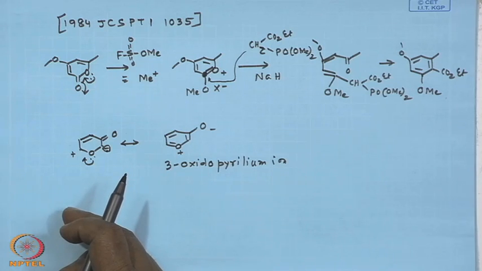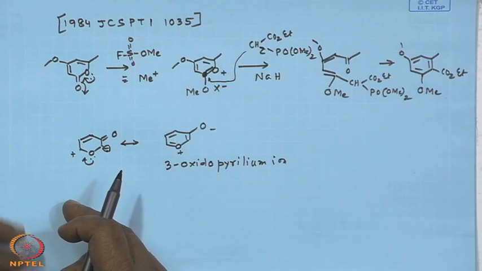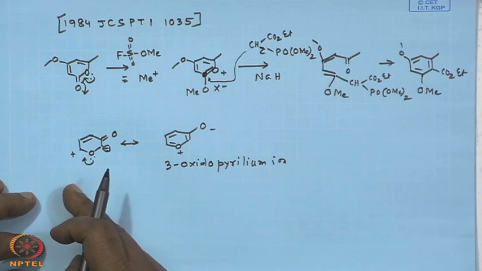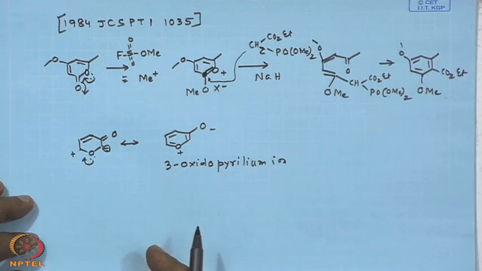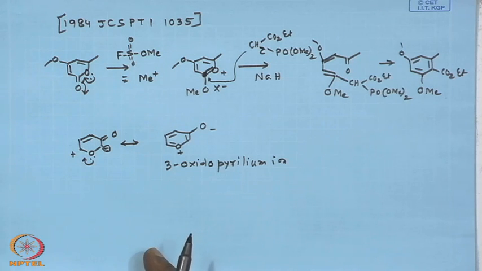There are debates whether it should be called a 3 atom component or 5 atom component, and normally people have accepted that this should be called a 5 atom component. And as I said before, unlike the simple pyrrylium ions or even the 2-pyrrylium ions, these oxidopyrrylium ions will work in the cycloaddition reactions.